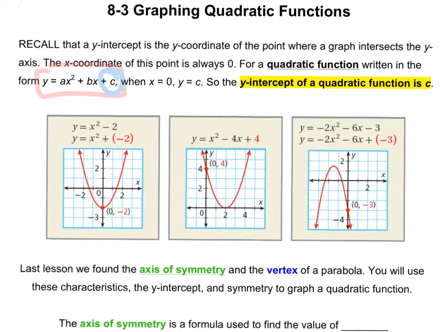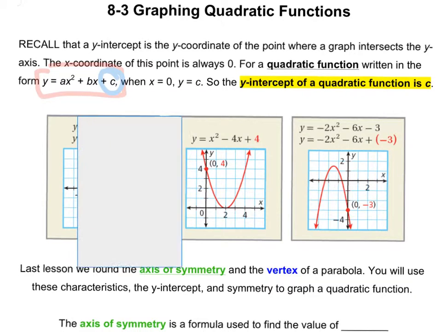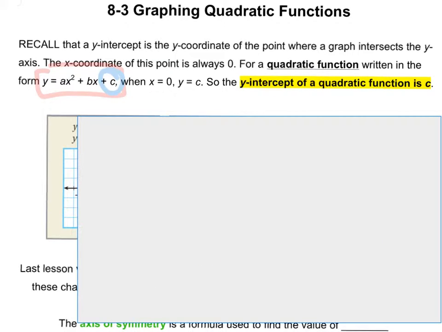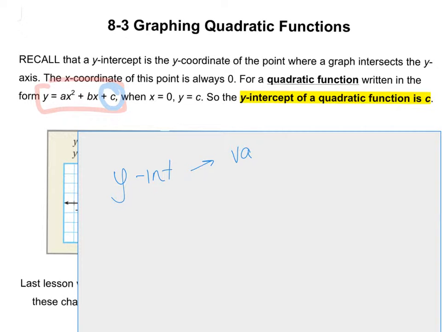And if you remember what it means to be a y-intercept, the y-intercept is the value of y when what? Exactly, the value of y when x is equal to 0.